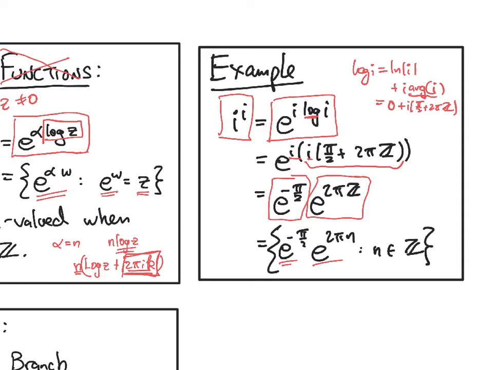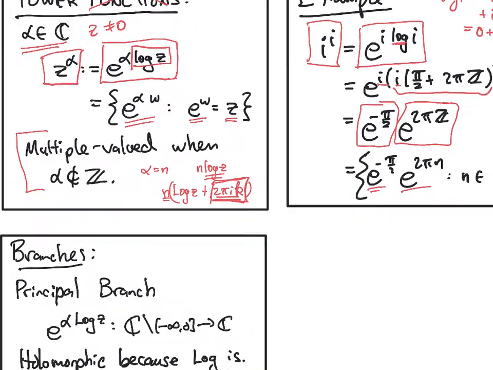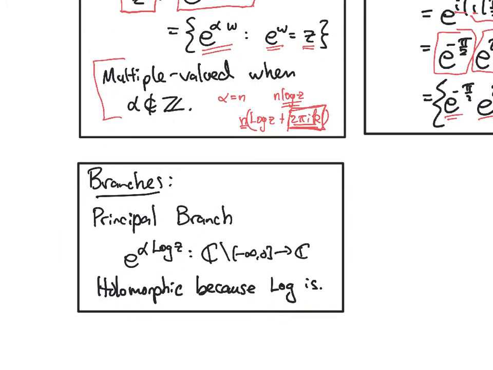But as with log, we usually restrict to branches of power functions, because if you're going to use this maybe to study power functions in the real numbers, you usually confine yourself to a branch. And so here's just an example of a branch. I don't want to repeat all the definitions of branches.